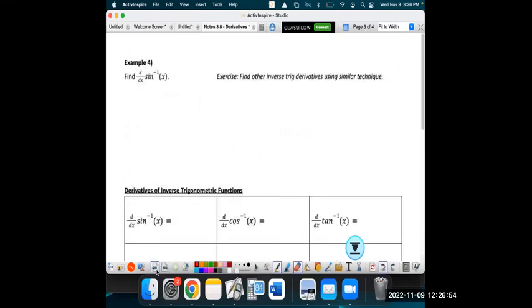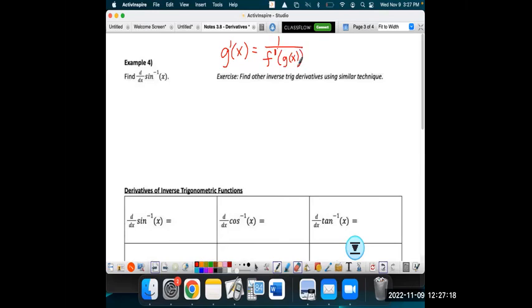So in example 4, we're told to find the derivative of sine inverse of x. Please remember and write down what the inverse derivative formula looks like. So remember, f and g are inverse functions.